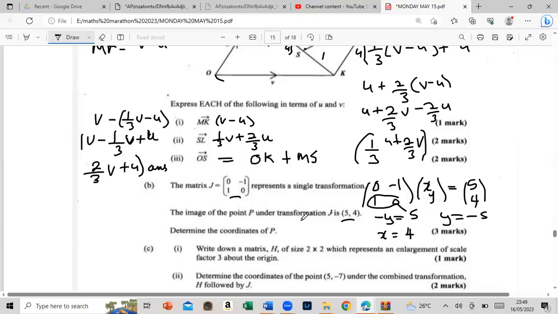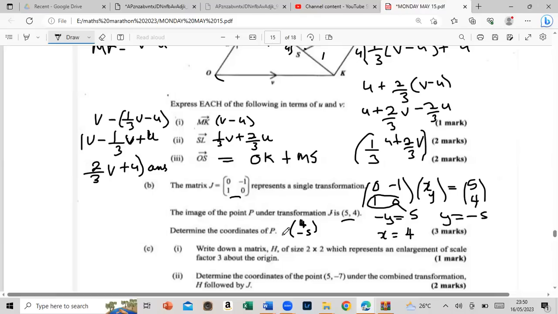So the coordinate was 4, negative 5. This is the answer for this one, the coordinate of P.